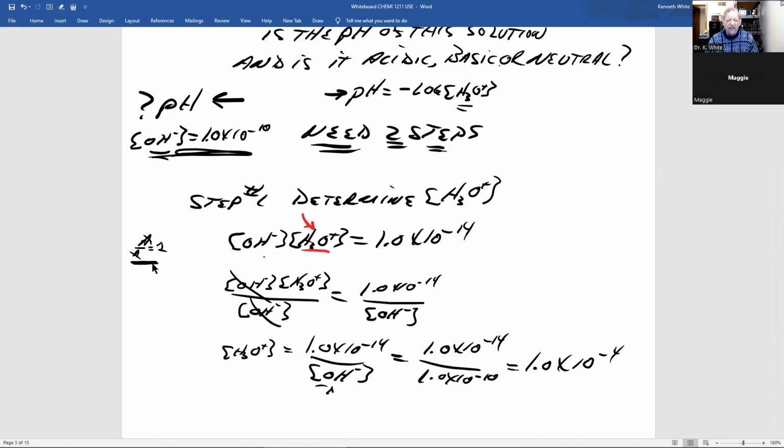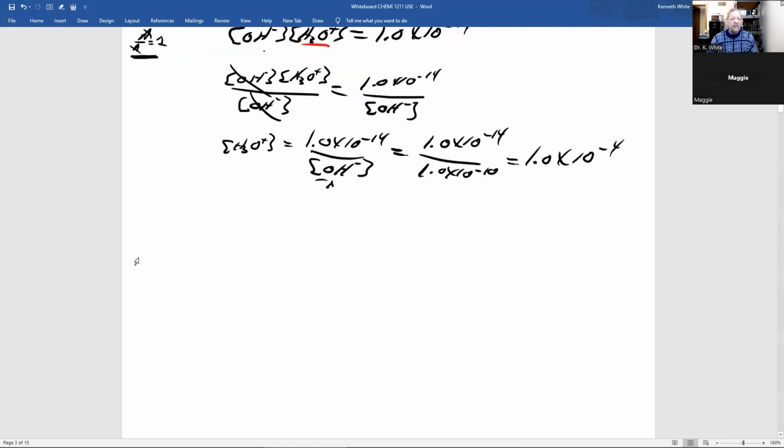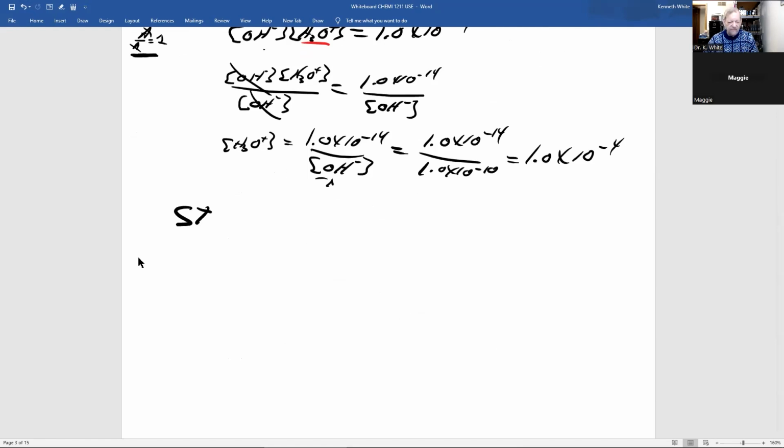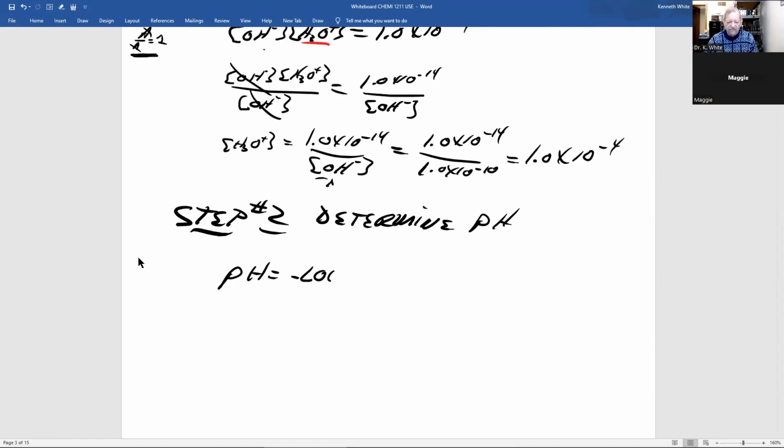pH is minus the log of the hydronium ion concentration. So now I'm going to do step number 2, and I'm going to calculate the pH. pH equals minus the log of the hydronium ion concentration, which in step 1 we just calculated.